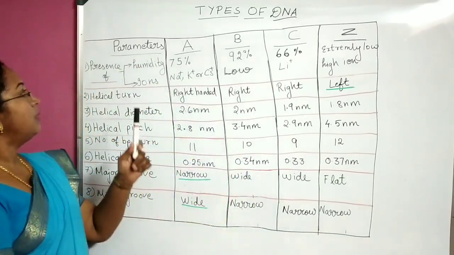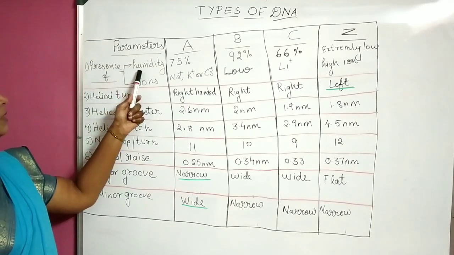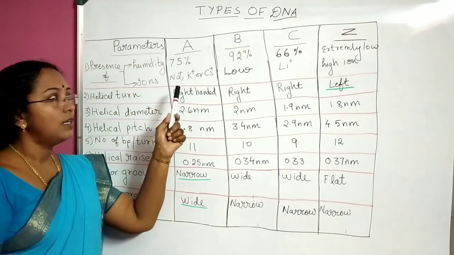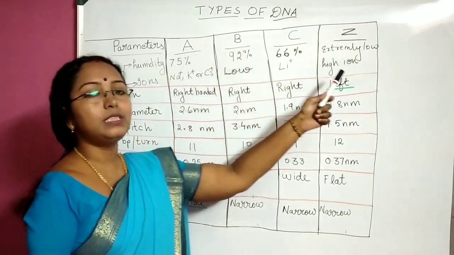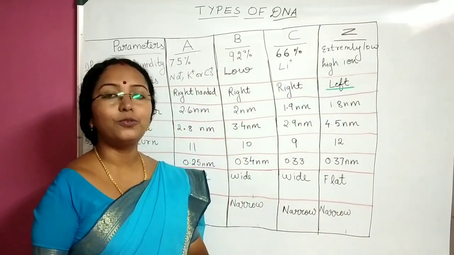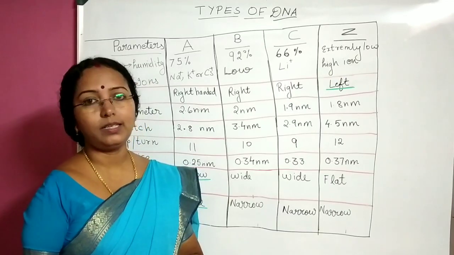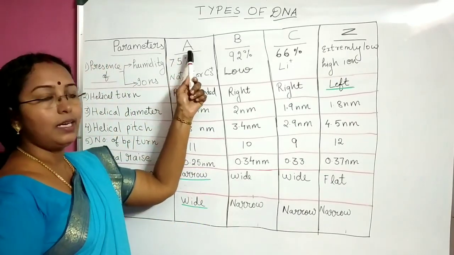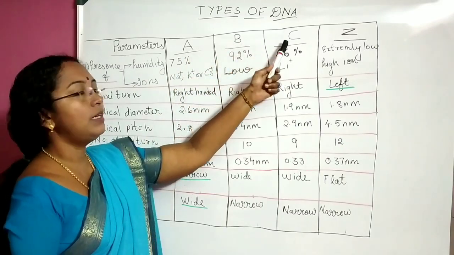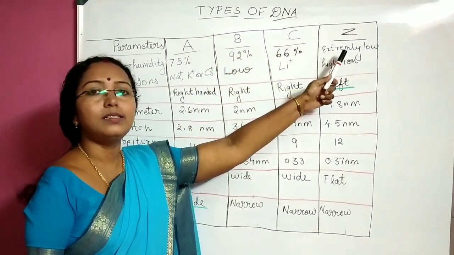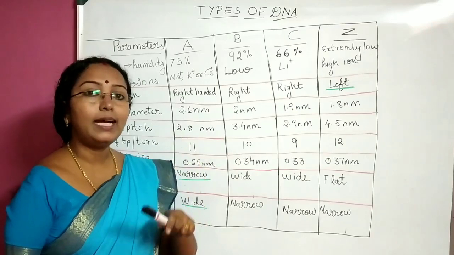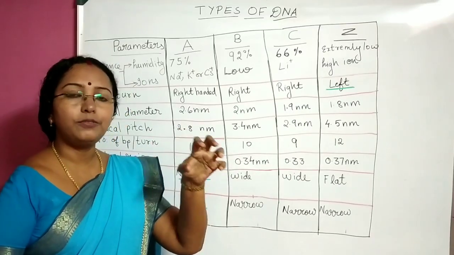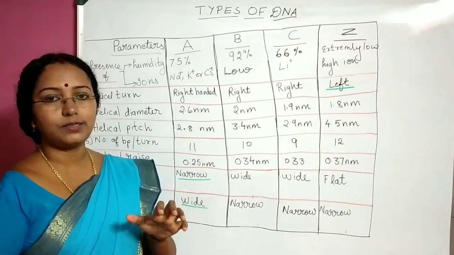Depending upon the amount of humidity and the ions present, you have 4 different types of DNA or 4 different forms of DNA. They are designated by the alphabets: DNA A, DNA B, DNA C and DNA Z. So I told you the environment, isn't it? That means the amount of water or the relative humidity and the ion concentration.